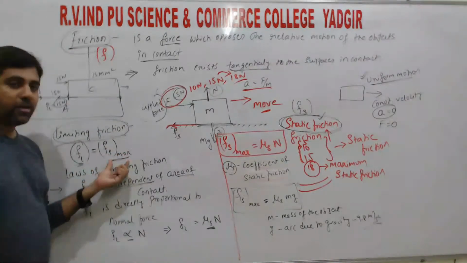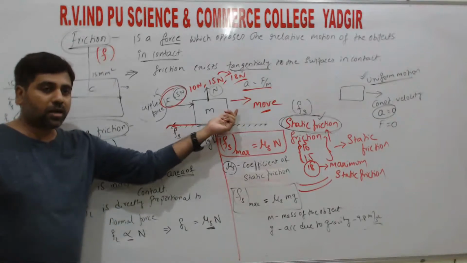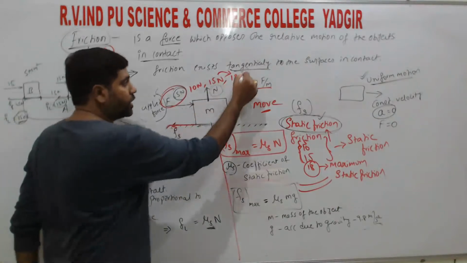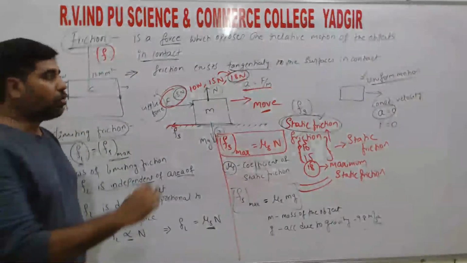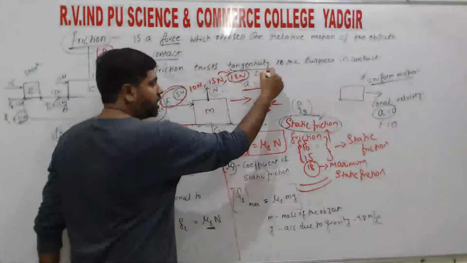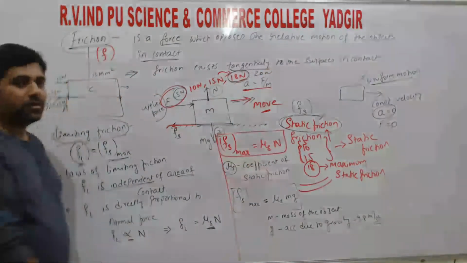If the force goes beyond this, the object starts to move. So in this example, the maximum value of static friction is 18 Newton. So if we apply some 20 Newton, the object will easily move on the surface, right?